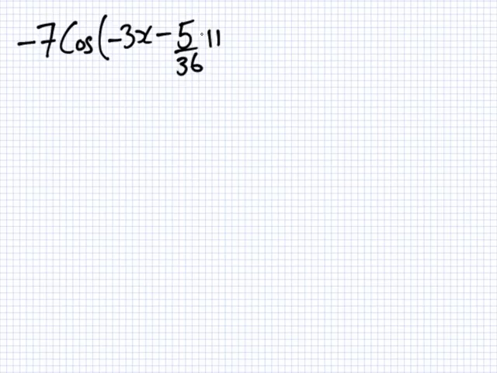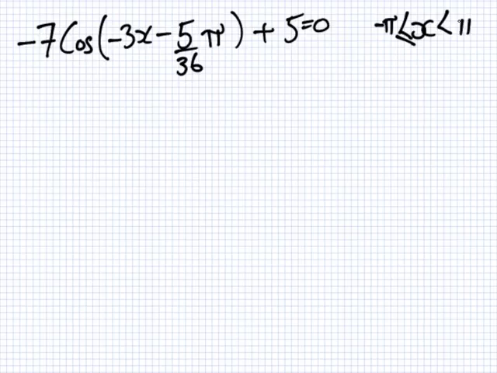Minus 7 cos of minus 3x minus 5 pi over 36, plus 5 equals 0, and x between minus pi and pi.